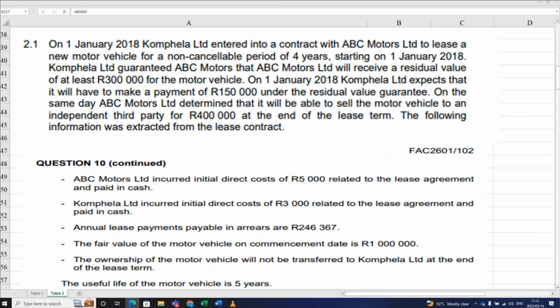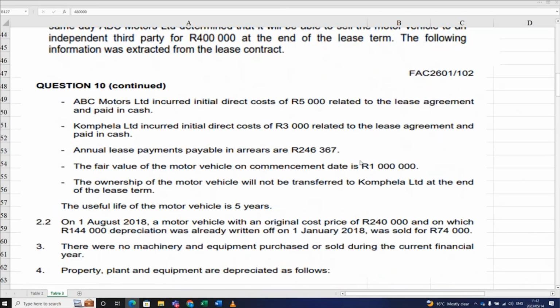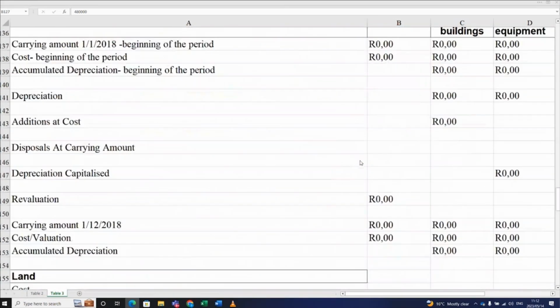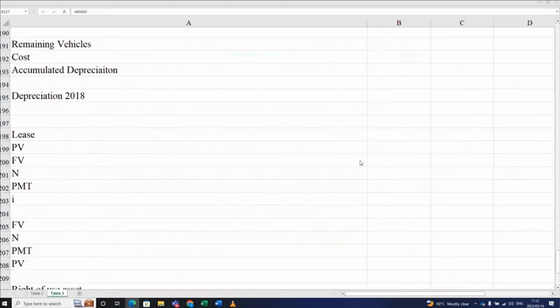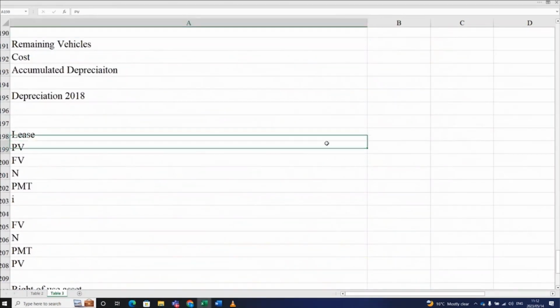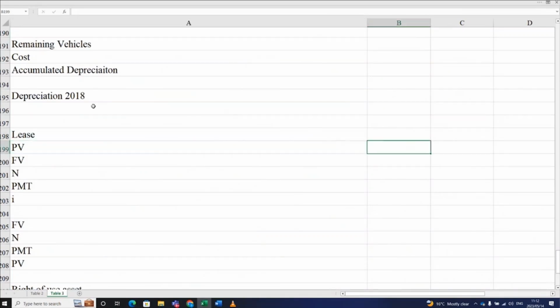Right, so when we calculate the implicit rate in the lease, okay, we've got the present value, from the lessor's perspective, which is the fair value of the asset and direct costs incurred by the lessor.